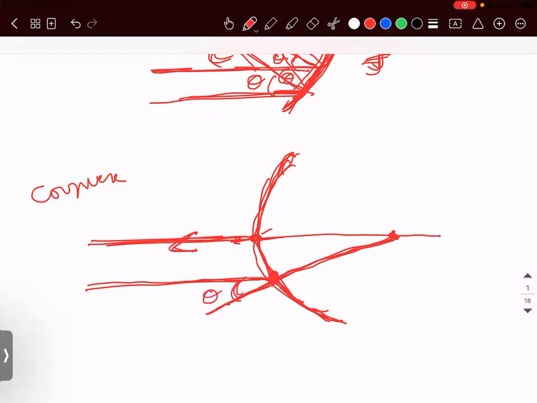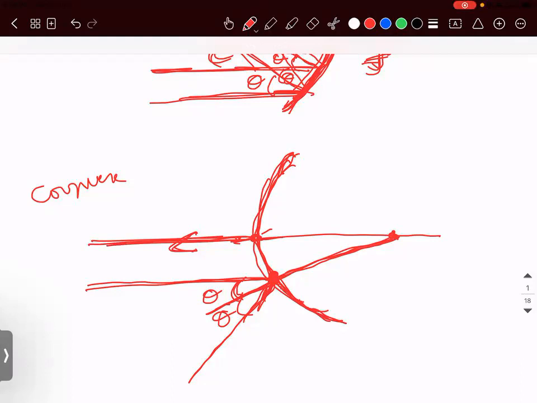Then what will happen here again? It will diverge, based on the law of reflection. Angle of incidence equal to angle of reflection. Always theta is measured with respect to the normal.